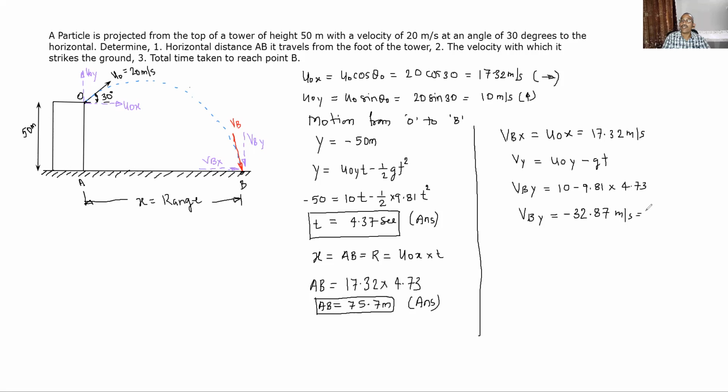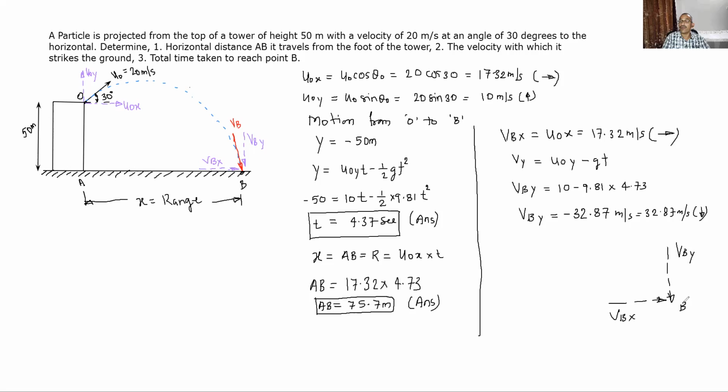That means this component, 32.87 meter per second, acts in the downward direction. The horizontal component remains the same, in the rightward direction. So here the vertical component is downward, this is VBY, and the horizontal component is VBX.